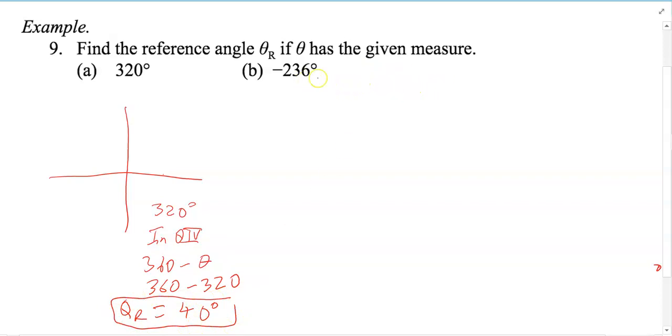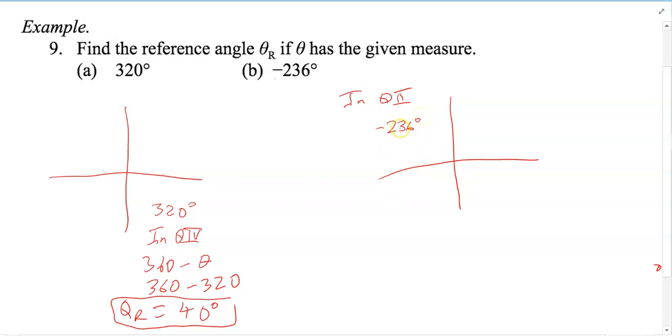If theta is negative 236 and we're going clockwise, then because it's negative, negative 236 ends up in quadrant 2. The rule in quadrant 2, for a positive number, is you just subtract from 180.